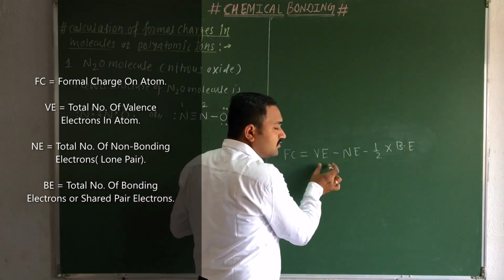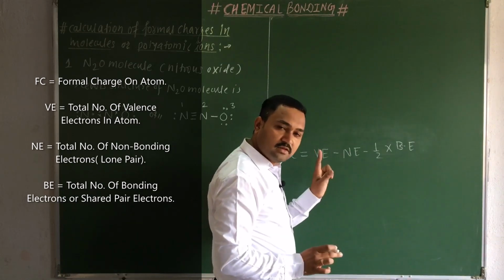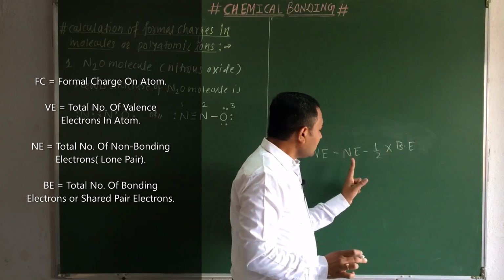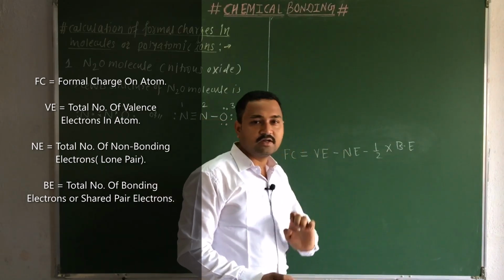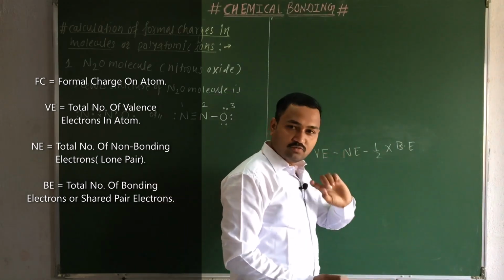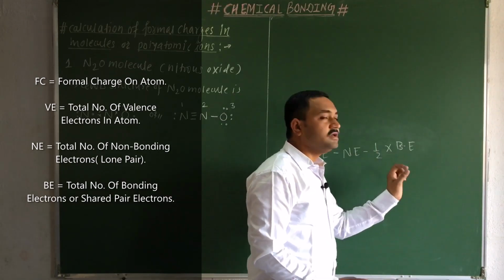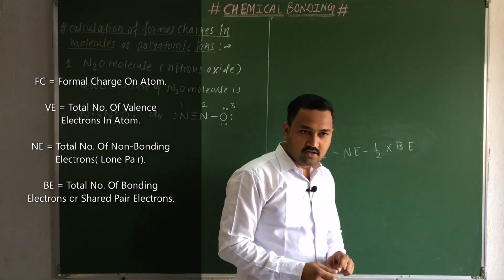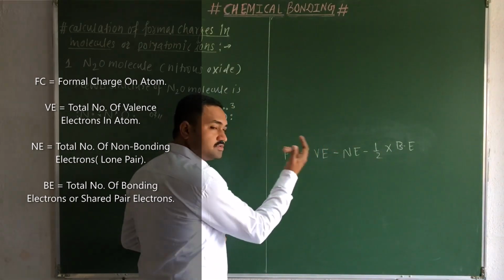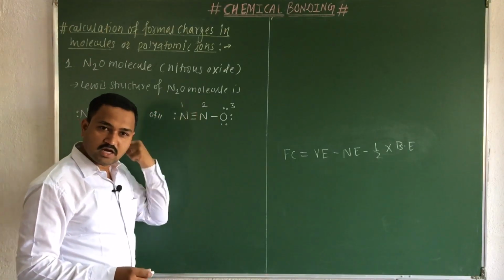Here VE is the valence electrons present in the particular atom. NE is the non-bonding electrons present on that atom, that is the lone pair of electrons. Then BE is the bonding electrons present on that atom. So here we will use this formula for the calculation of the formal charge on each atom.